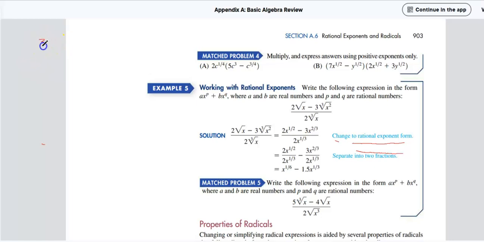For example, let's just say, I don't know, let's do 8 over 3. That could be written as, no, that's not a good example. I need to use some exponents in that example.